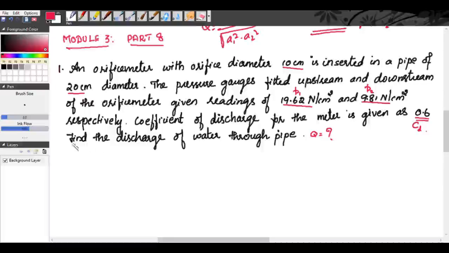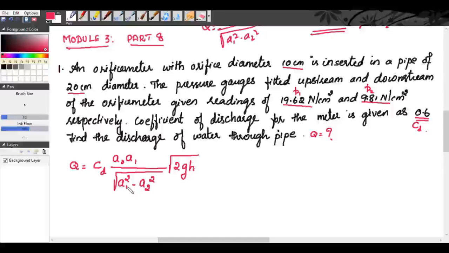We are asked to find Q. So we know the formula: the discharge Q is equal to CD into AO A1 by square root of A1 square minus AO square into root of 2GH. AO is the area of the orifice, and A1 is the area of the pipe or at the inlet.